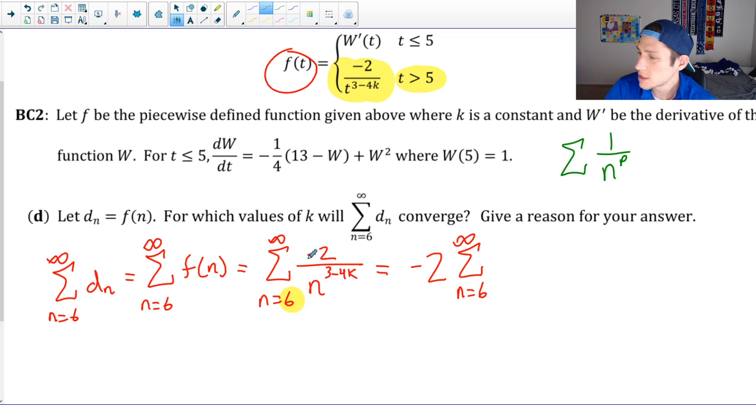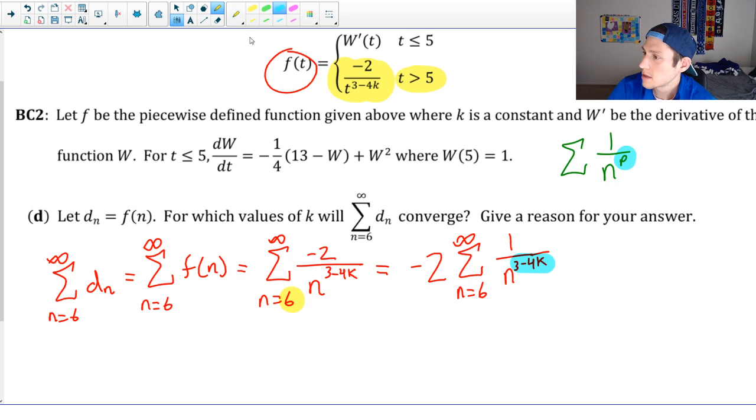All right, so first I'm going to take this -2 that's in the numerator and just move it out in front. So this is 1 over n to the 3 minus 4k. Okay, so now this definitely does look much more like a p-series. It's just now, instead of just having some number, we have 3 minus 4k.